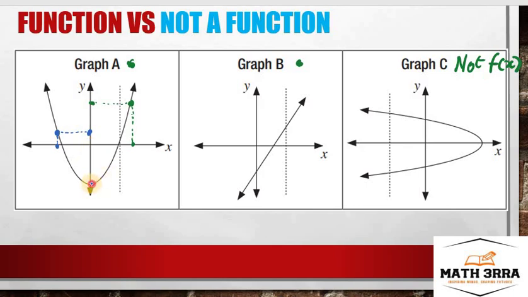There's an x value, there's a y value, hence it's a function. Graph B illustrates the same thing. At this point, I believe you already know what I'm saying. If you don't, please be sure to ask me to dive deeper or go at a slower pace in the comment section.